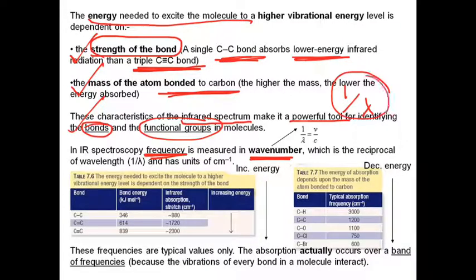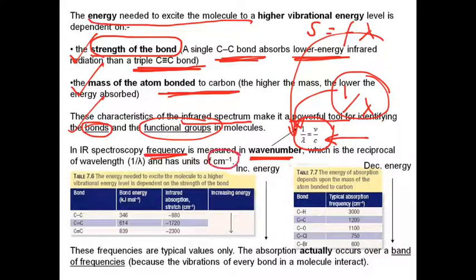Knowing that the speed of a wave is equal to its frequency times its wavelength, if you transpose that formula, you get that 1 over the wavelength is equal to the frequency over the speed. The speed is the speed of light for all electromagnetic radiation, so that's a constant. So the wave number, or the reciprocal of the wavelength, is a direct measure of frequency. Don't ask me why they measure it like that, I don't know. But basically that's what it is.